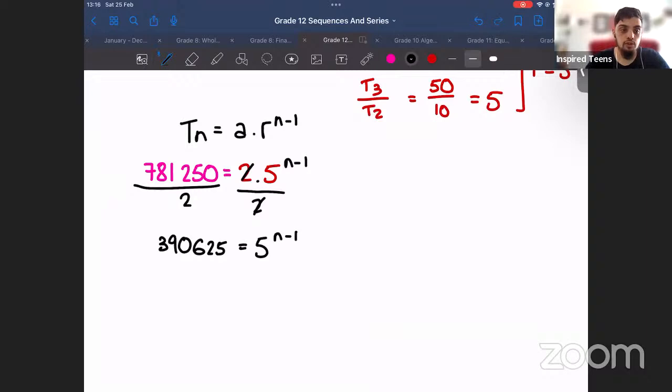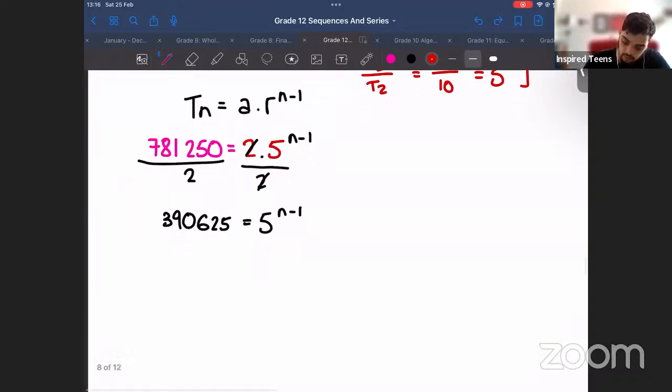Remember, there are 2 ways to solve. The first thing we need to note is that when we have unknown exponents, we always want to write both sides with the same base. So we want to write this side as 5 to the power of something. How do we do that? 2 methods. One is log, which we're not going to do. We're just going to utilize the shift fact. So 390,625 equals, and it gives it to you as an exponent.